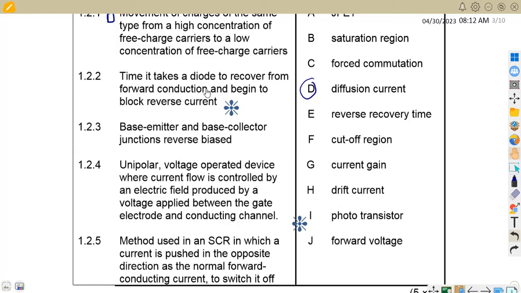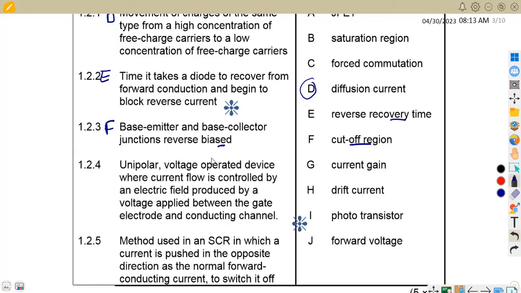This is the reverse recovery time, which is E. 1.2.3: The base emitter and base collector junctions reverse biased. If you reverse bias the base emitter and base collector junctions, this is the cut-off region, which is F.